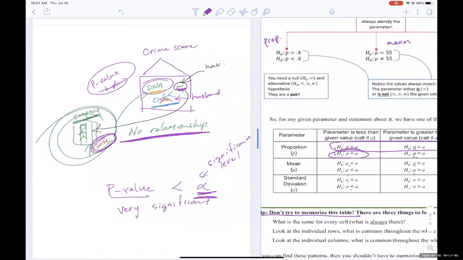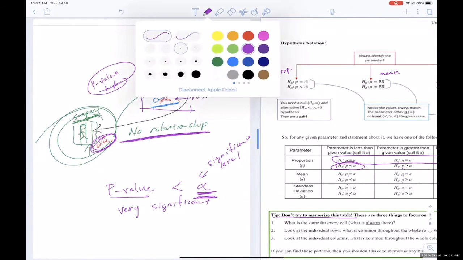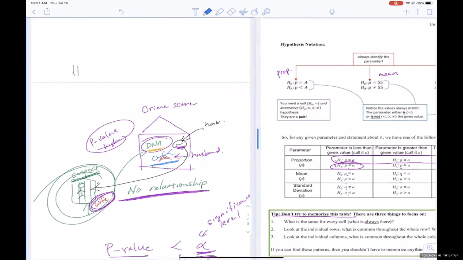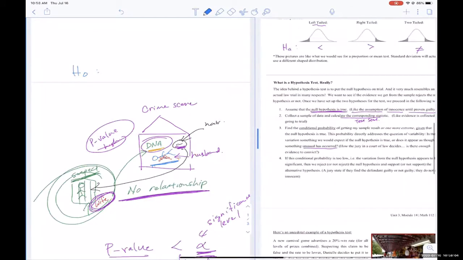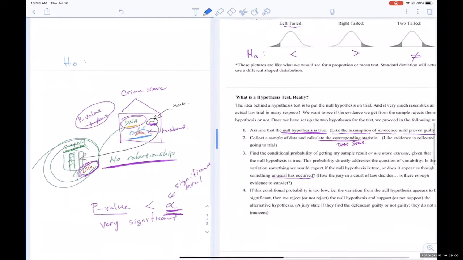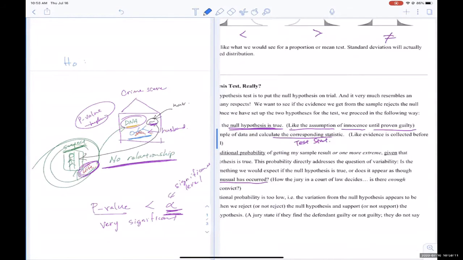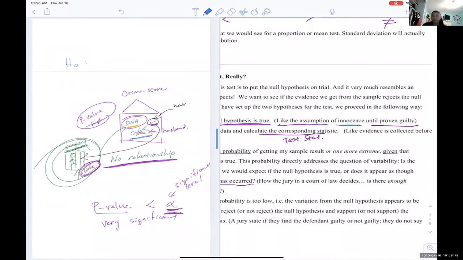So the basic idea is that in the courtroom, your null hypothesis is set to say what? Assume that the null hypothesis is true: the suspect is always what? Innocent until proven guilty.